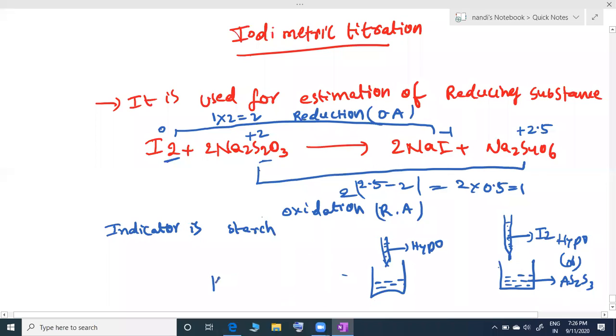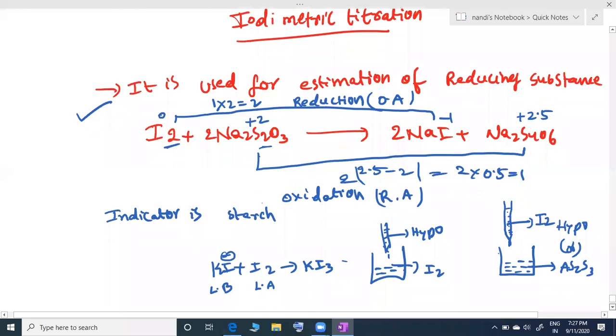We keep I2 dissolved in KI solution, and it becomes KI3. Here I2 acts as a Lewis acid because it gains a lone pair of electrons, and I minus donates the lone pair, so it is a Lewis base. We can understand this later. Leave it. So in the iodine solution that we make and titrate, this reaction occurs, where I2 is converted into I minus.